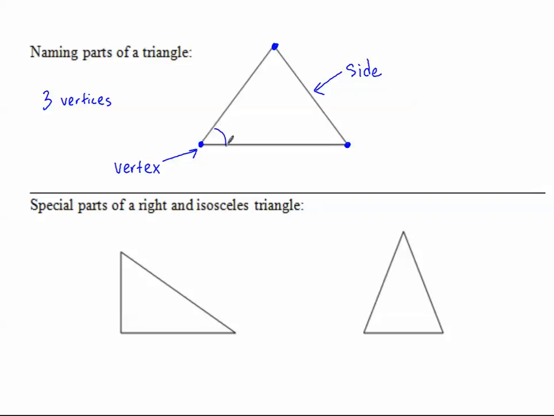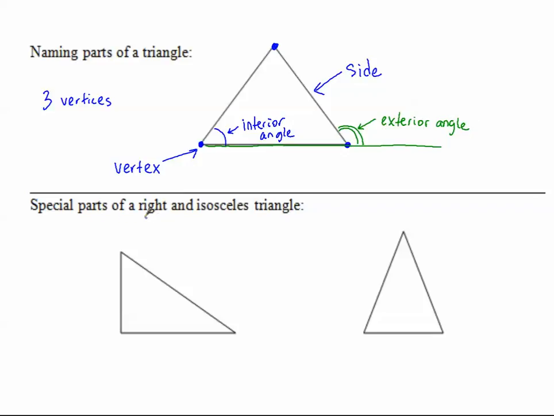Then inside, one of the angles is an interior angle. And if I extend the side like that, I can draw outside of the triangle the exterior angle. That's one of the exterior angles in the picture.